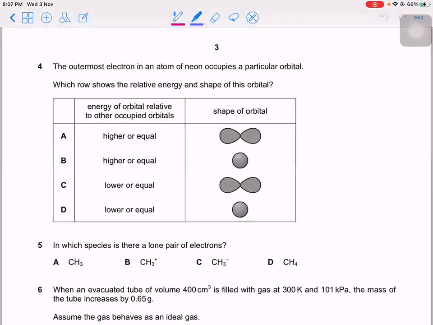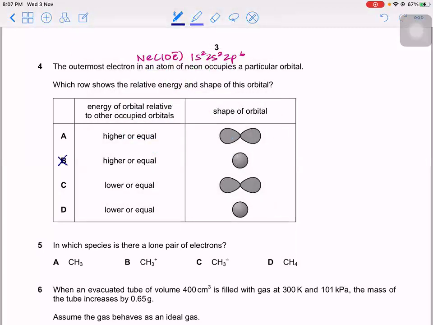Question number 4. The outermost electron in the atom of neon occupies a particular orbital. Neon has 10 electrons. So the configuration is 1s2, 2s2, 2p6. Which row shows the relative energy and shape of this orbital? We know the outer orbital is 2p and the shape is dumbbell.